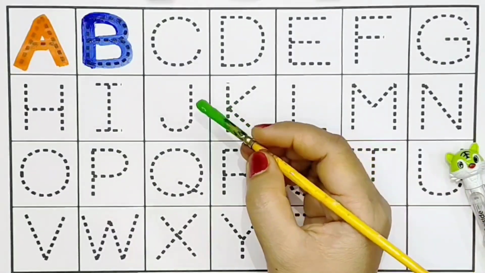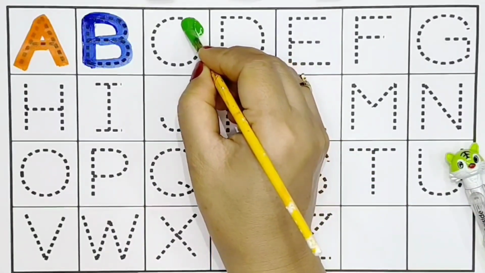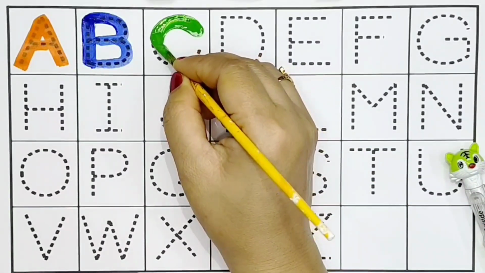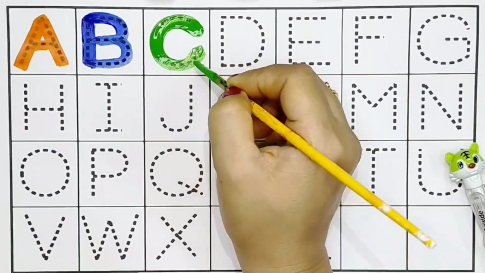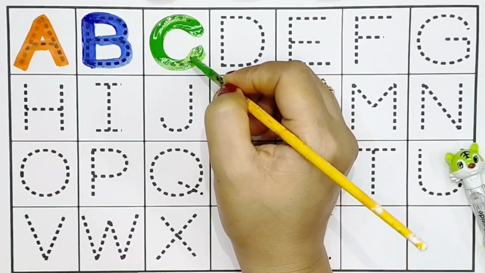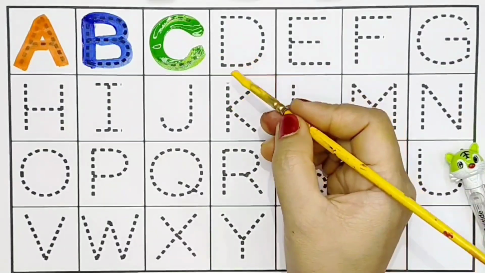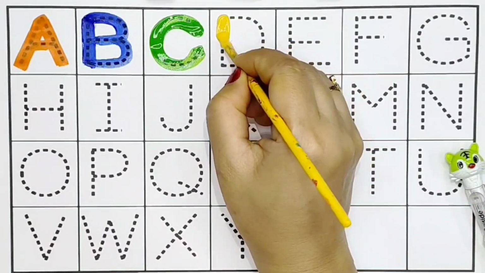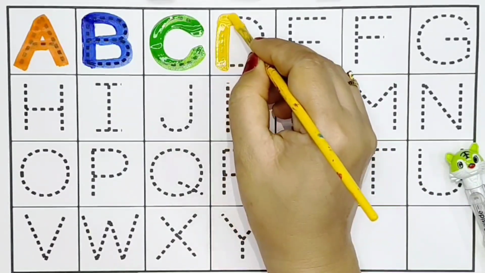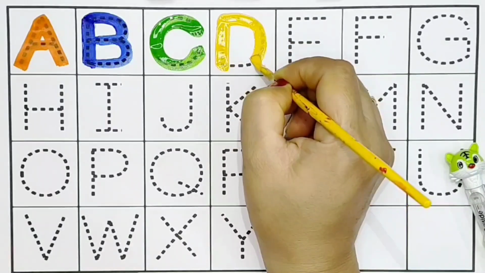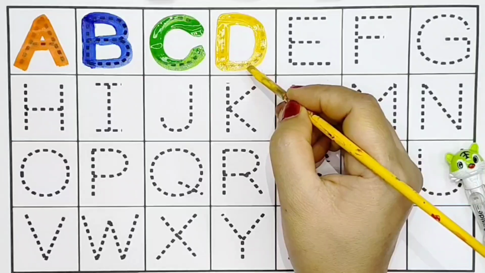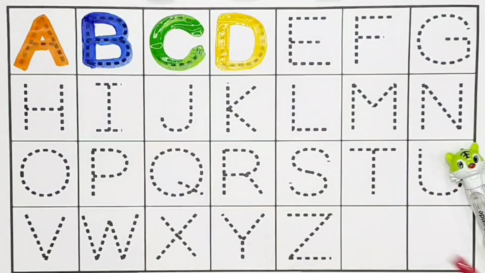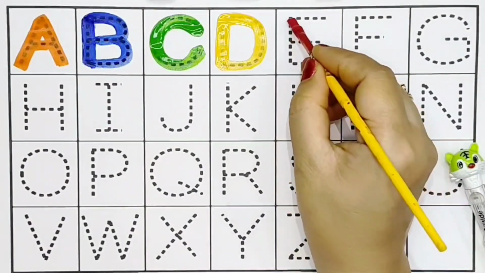Light green color. C for cow. Yellow color. D for dog. Red color.